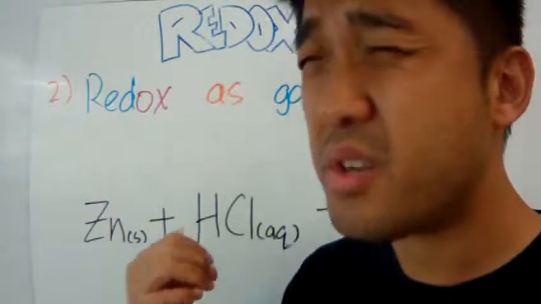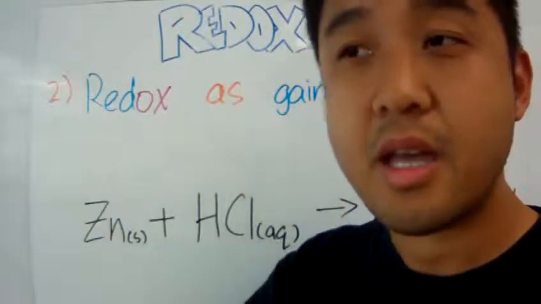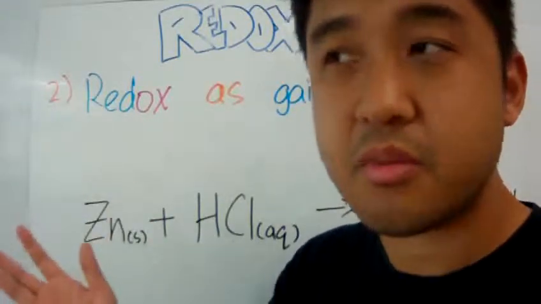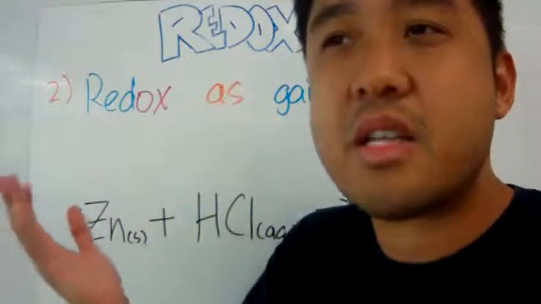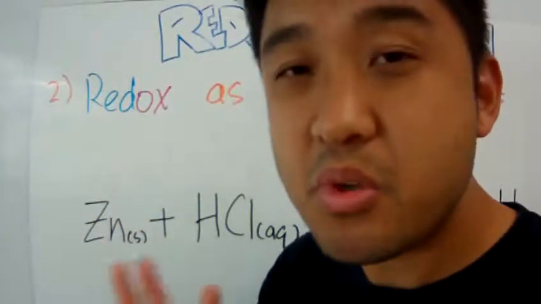And if you understand further about the electron behavior of ions and elements, you are able to even predict products without even having to do the reaction itself. So that's the beauty about this.